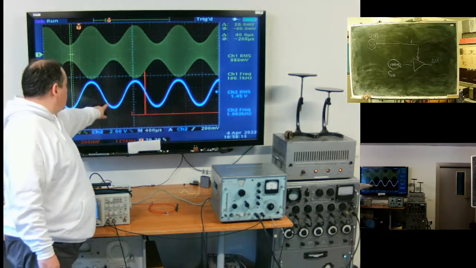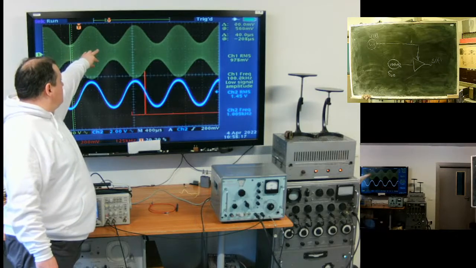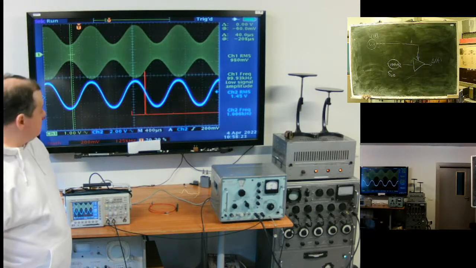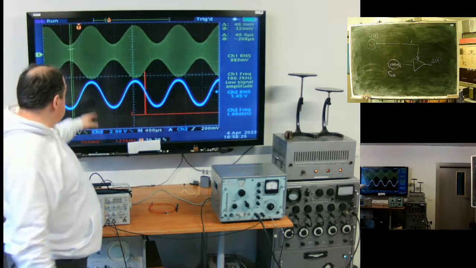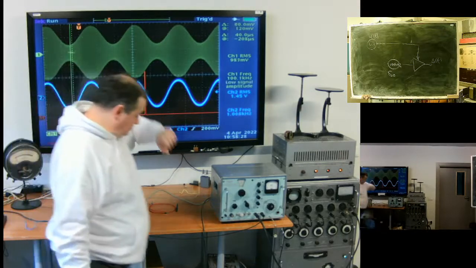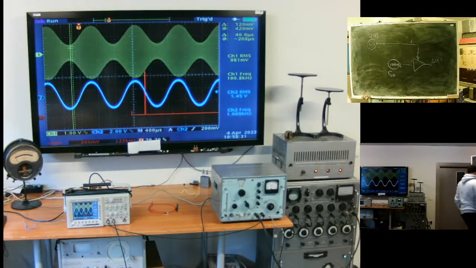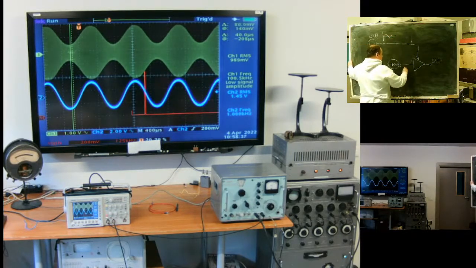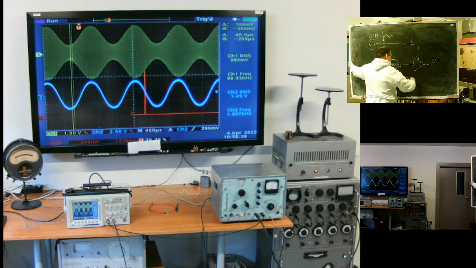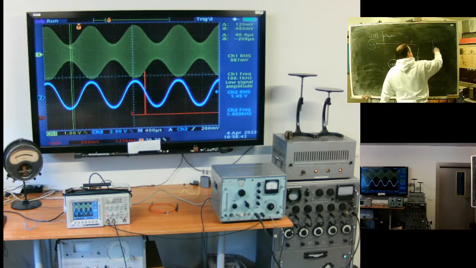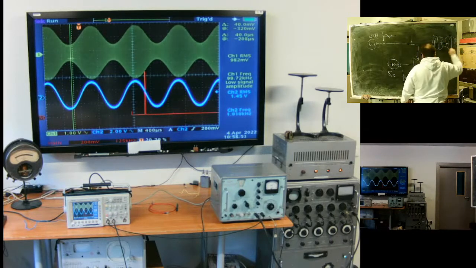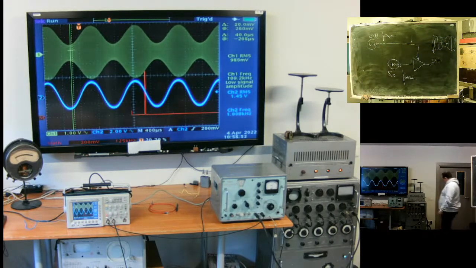I'm transferring 1 kilohertz, and you can see 100 kilohertz with the amplitude subject to the sine, and here we have info encoding.